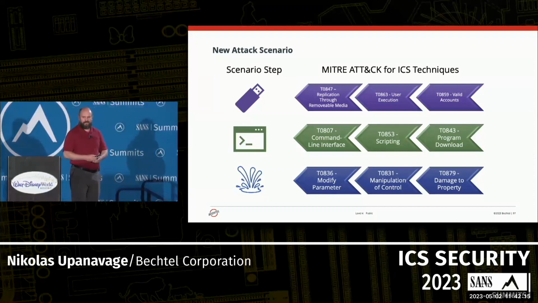So that's where we have some user execution, and that's going to be using a valid engineering account because the person's already logged into that machine. From there, the installer that we have on the system runs this command line interface scripting tool. So that gets the command line interface and scripting techniques, and that will download this logic to the controller.